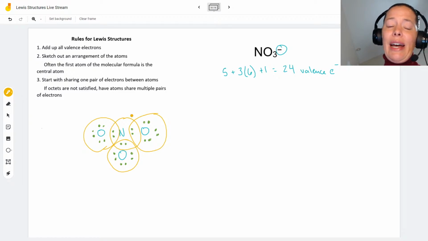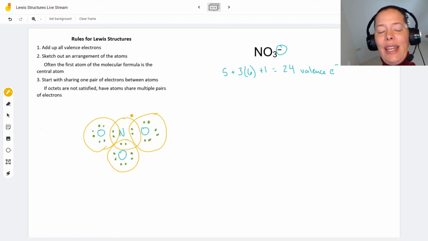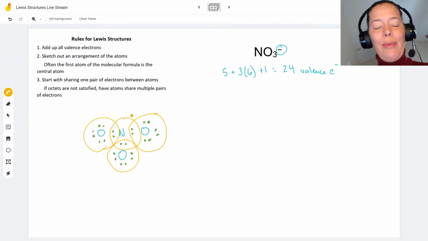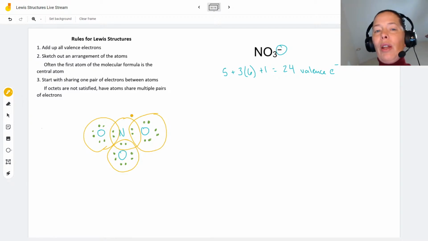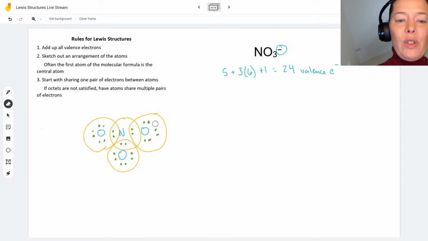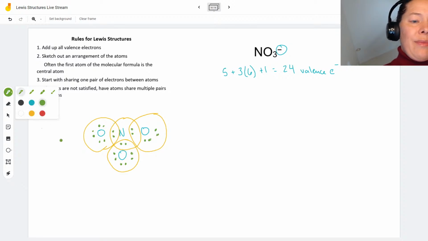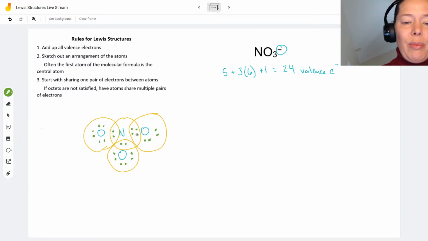You kind of feel like as you're drawing these lone pairs in and you get to that last one, you think, oh, I think I've got it. But in this case, we didn't have it. But nitrogen's only missing 1 lone pair. So again, when we don't have octets satisfied, let's make them share more. So I am going to erase this lone pair. I'm going to make a double bond here.